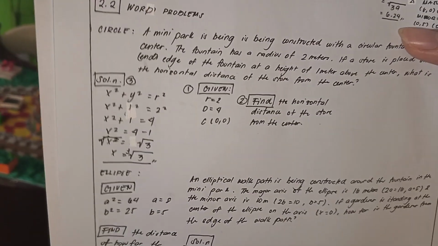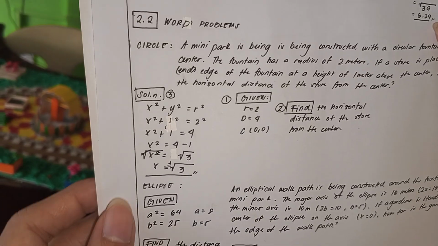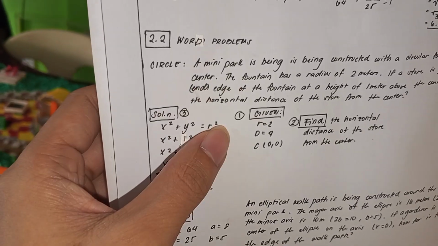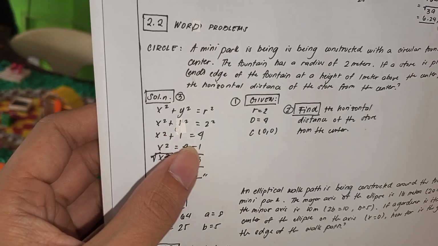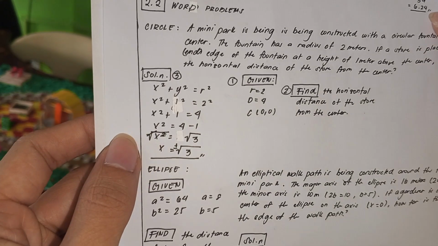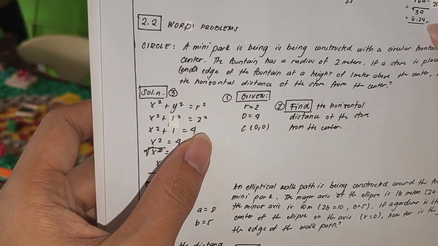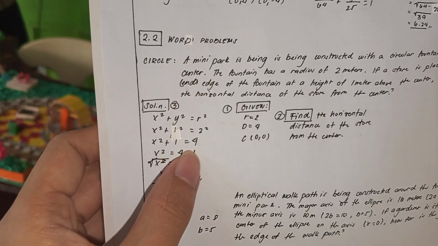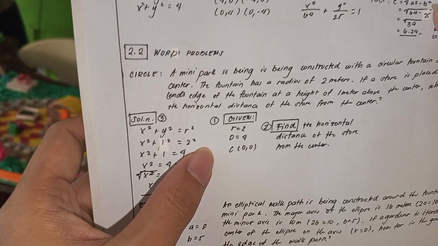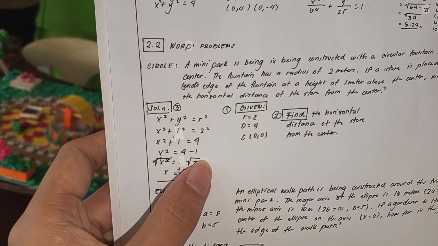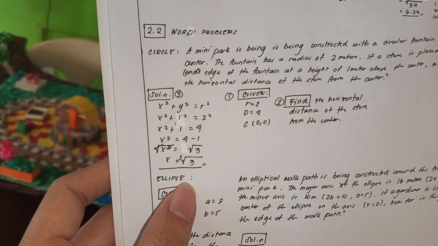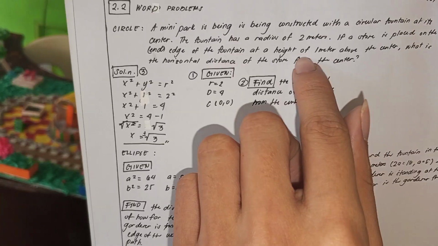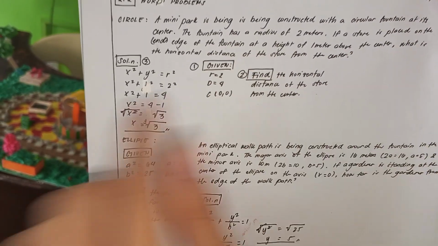So, as I said earlier, we use the standard equation of the circle. x squared plus y squared equals r squared. x squared plus 1 squared equals 2 squared. So x squared plus 1, 1 squared is just 1, equals 2 squared, which is 4. We get 1 from the given, which is the height of 1 meter above the center.